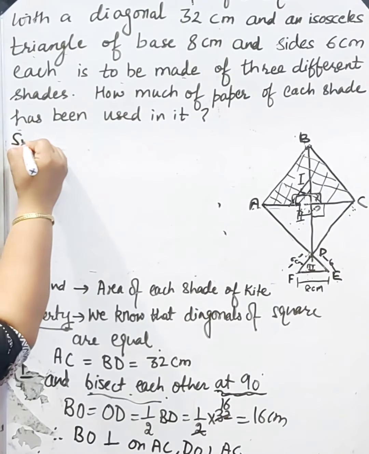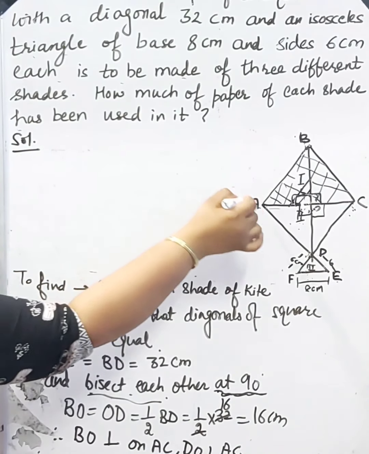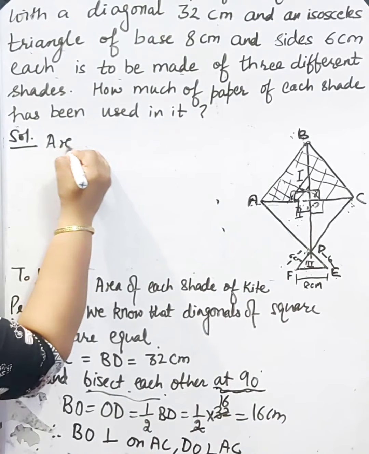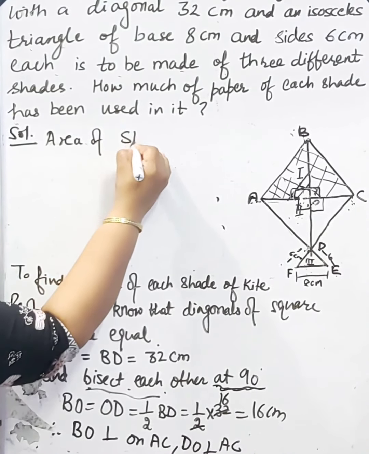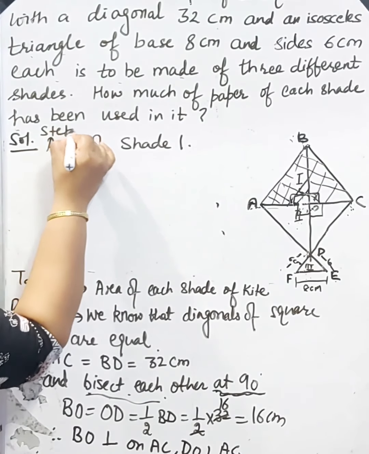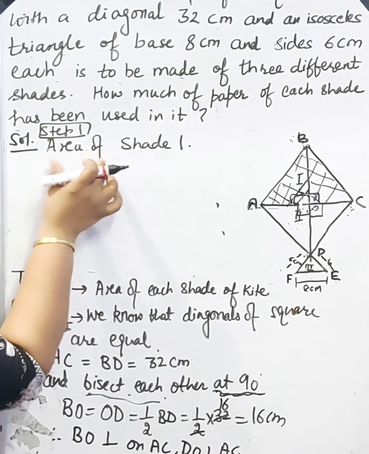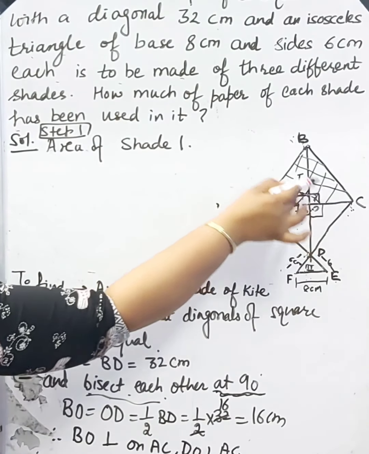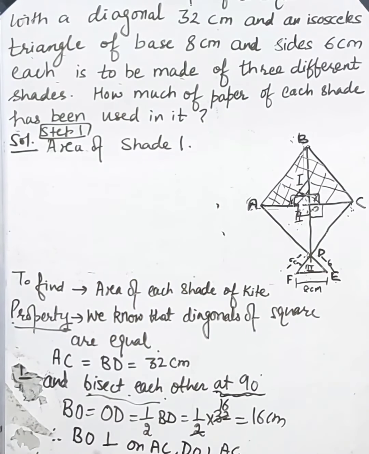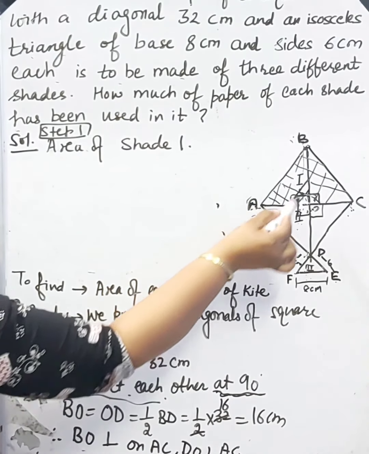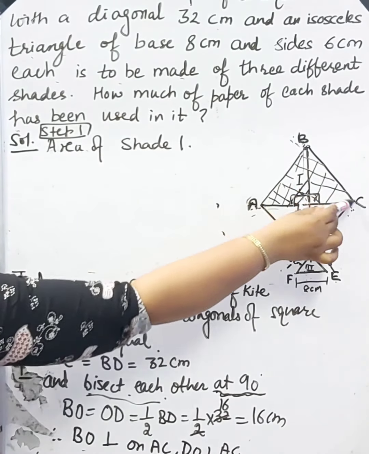Firstly, we will find the area of triangle ABC, or area of shade 1. In step 1, we will find the area of shade 1. Now in this given triangle, BO is perpendicular on AC. It means BO is the height of triangle ABC.